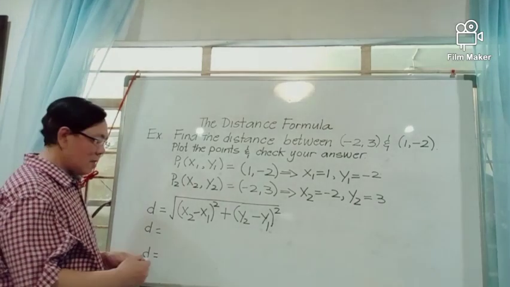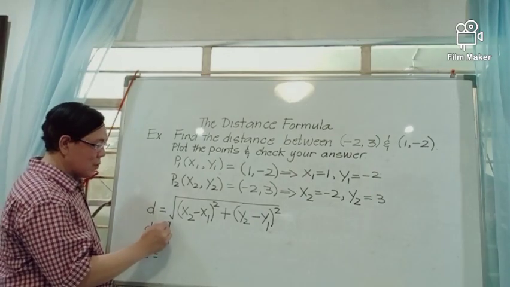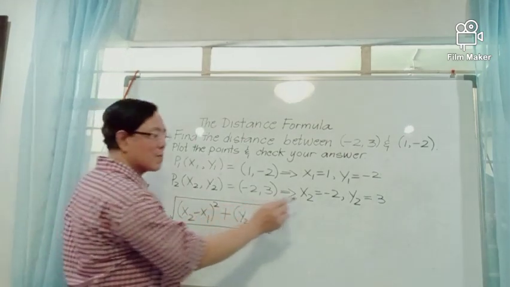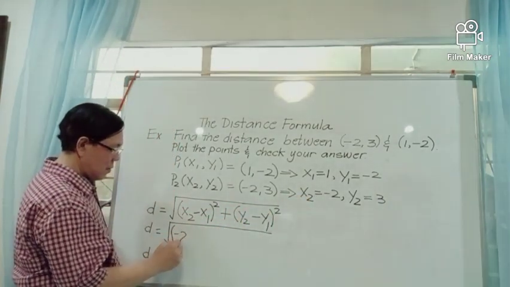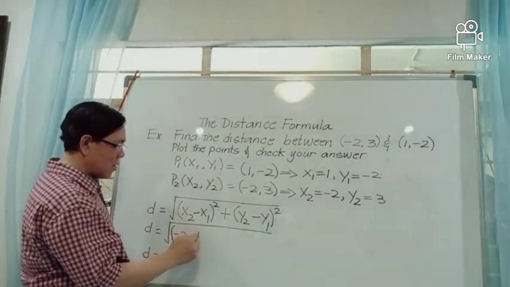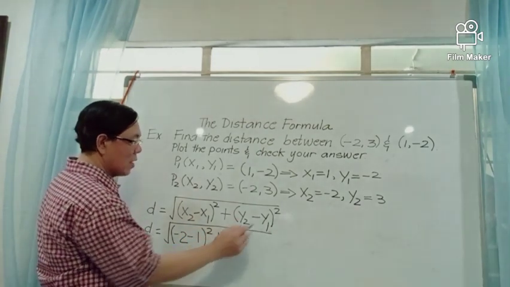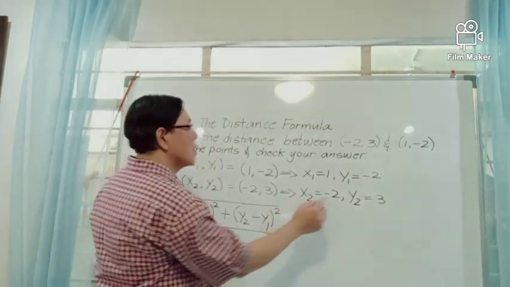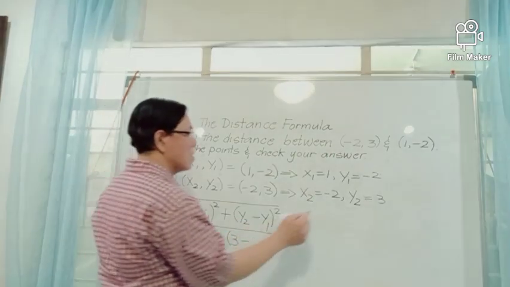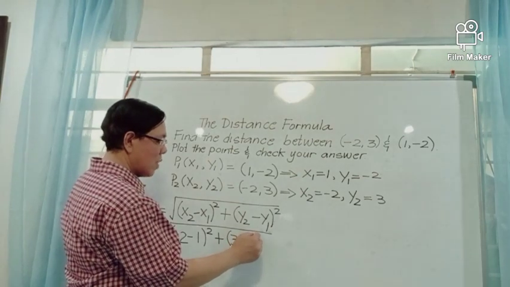We have D, the distance between the two given points, is equal to the root of quantity x2, negative 2, minus x1, positive 1, minus 1, to the power 2, plus the square of y2, 3, minus y1. y1 is negative 2.